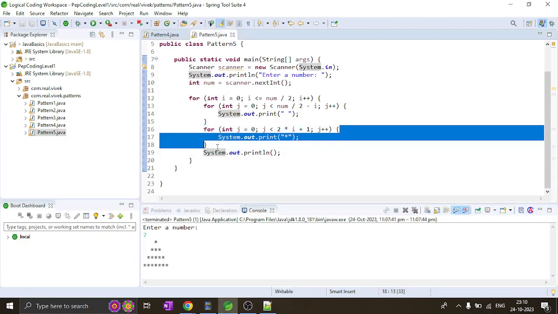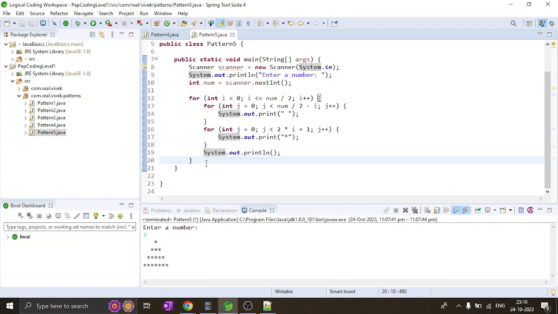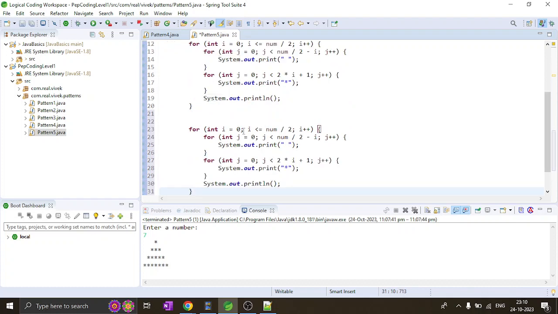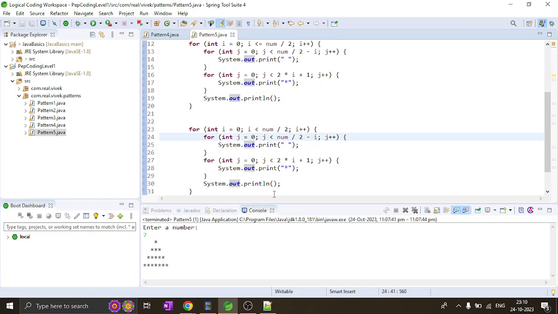So we got the first part, the for loop, then let's target the second one, and the second one will have I less than num by 2 because we have already printed it till here and we want to print the other half excluding this one, right? We don't have to print this part again. So the first approach that we saw was I is less than equal to. Then we have to print space.